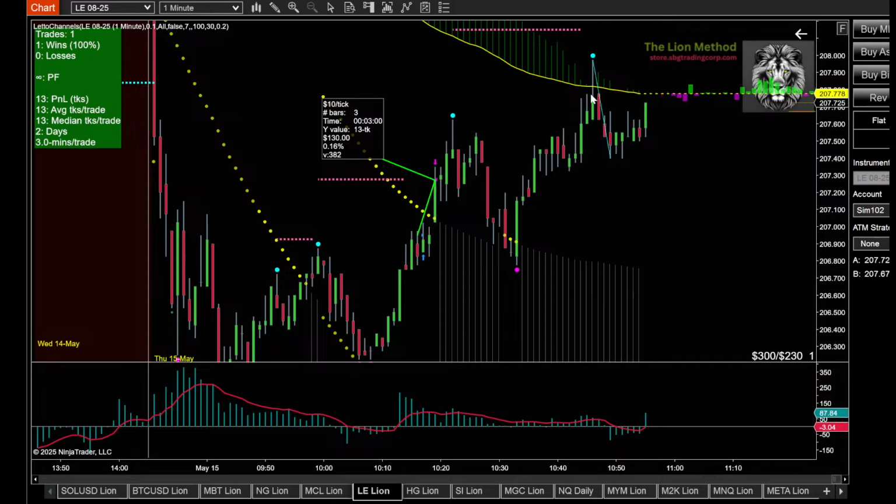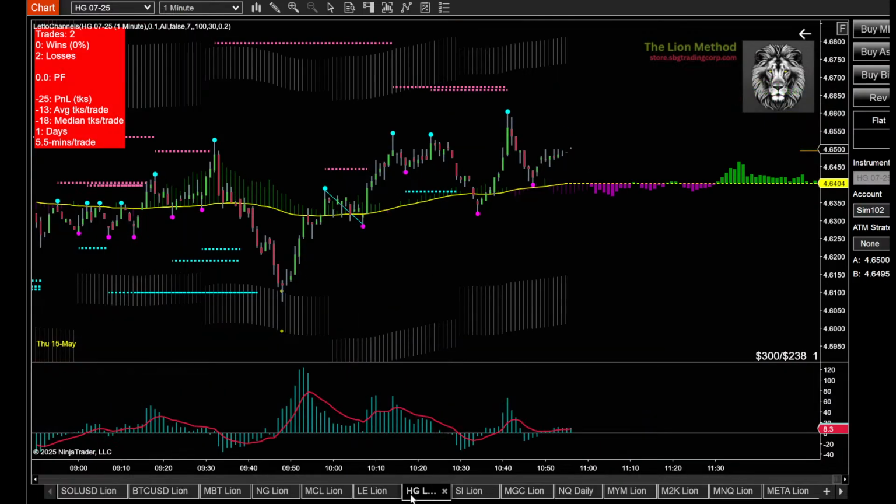Live cattle made it to the 100. Again, we're up 4.4 R today, so we made up for our bad day yesterday.